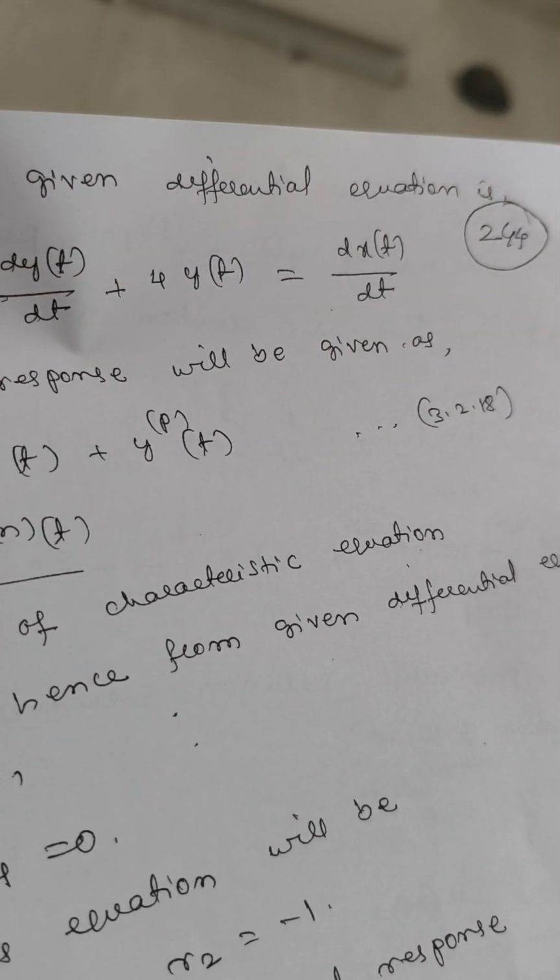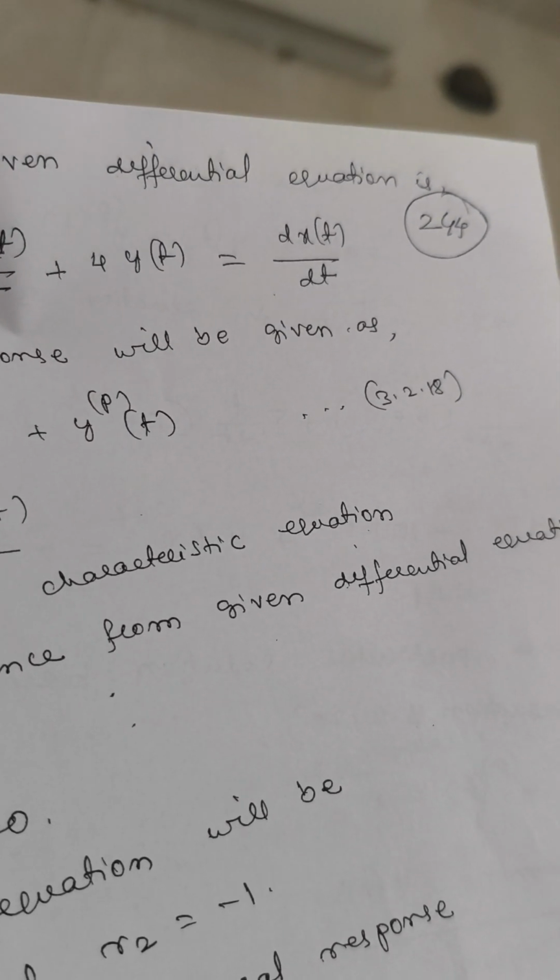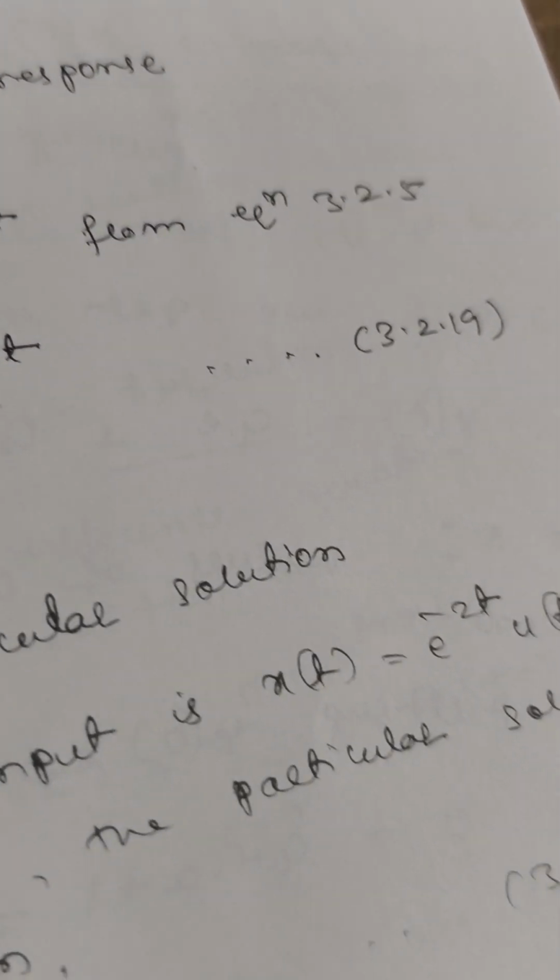It is not only x of t that is there, it is d of x of t by dt. What is x of t? This is x of t. Therefore it also becomes d by dt into e raised to minus 2t, that is nothing but x of t.